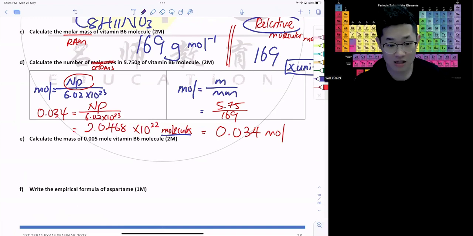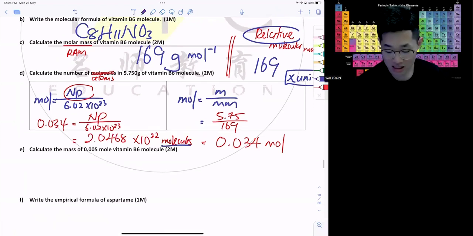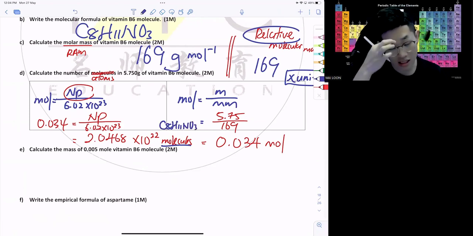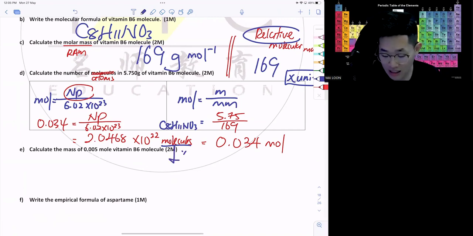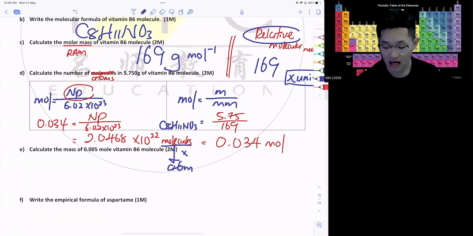Because the substance vitamin B6, C8H11NO3, is a molecule. So I have to write molecule first. But the question is asking for atoms. Molecule to atoms, I times. There are how many atoms in C8H11NO3? 23.